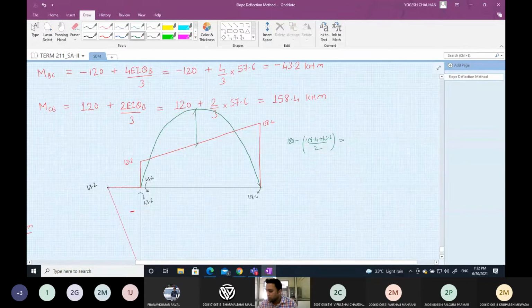So that will be 180 minus 158.4 plus 43.2 by 2, 79.2.